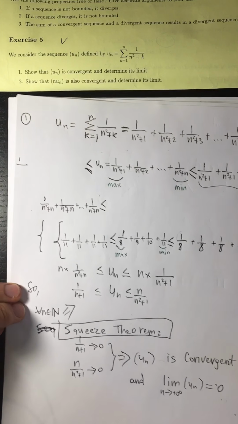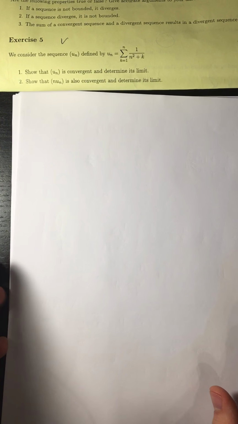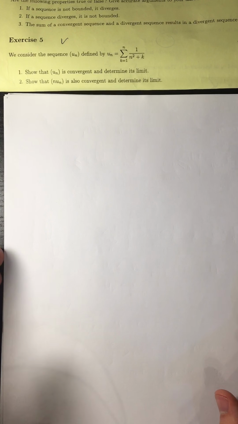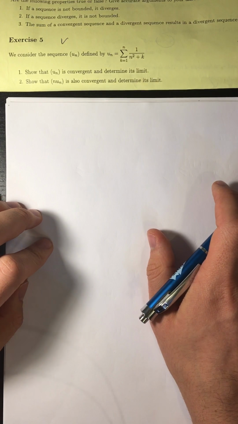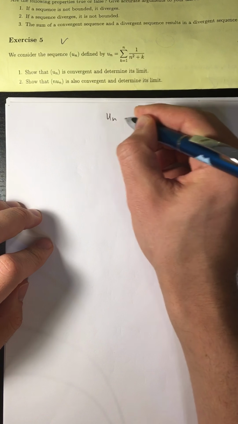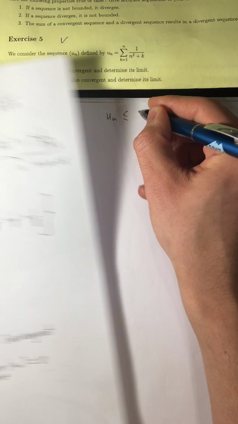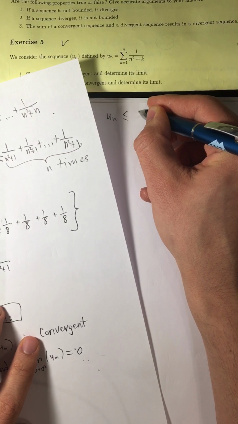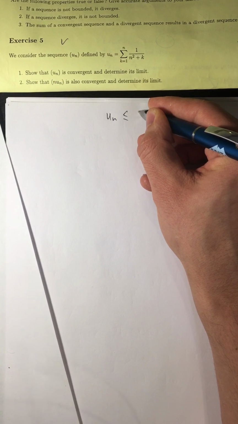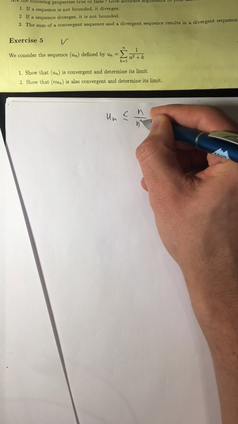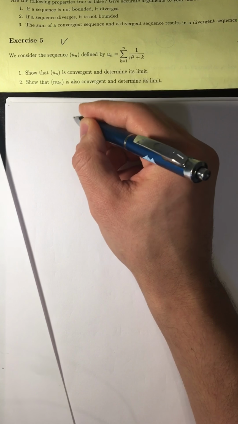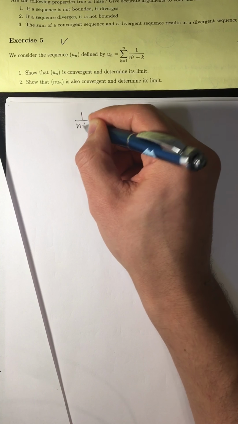Okay, and then I'm gonna open the next page. Cool. So now we have u_n less than or equal to n divided by n squared plus 1, and more than 1 over n plus 1, from the previous page.